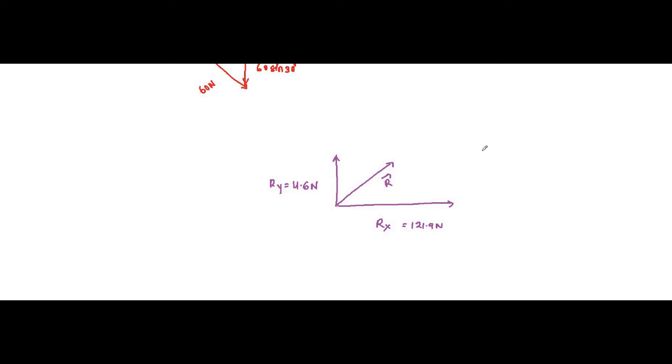The magnitude of R will simply be the square root of Rx squared plus Ry squared, which is the square root of 121.9 squared plus 4.6 squared, coming around 121.986. Let's round it off to 122 Newton.